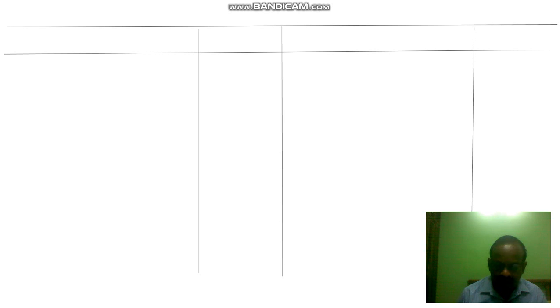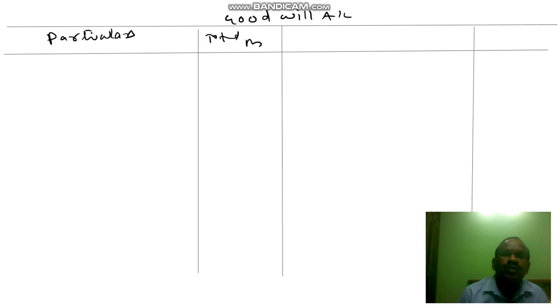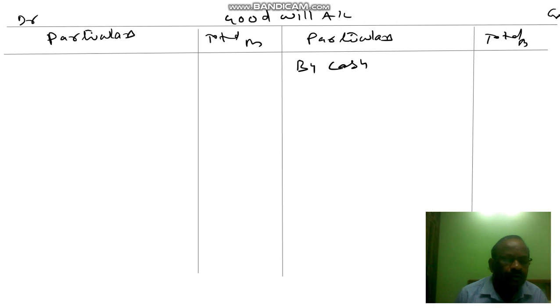Next is the goodwill account. Particulars, total rupees. So at the time we write the entry, there is cash account to goodwill account. So the cash account will be credited 28,000.